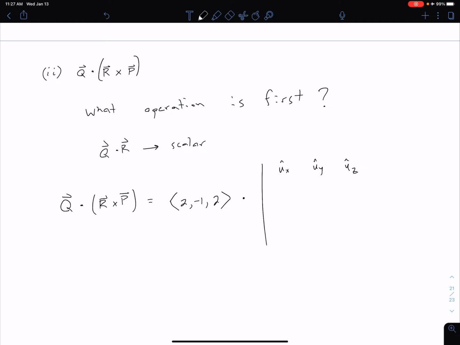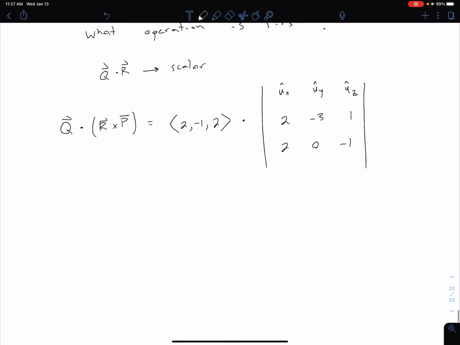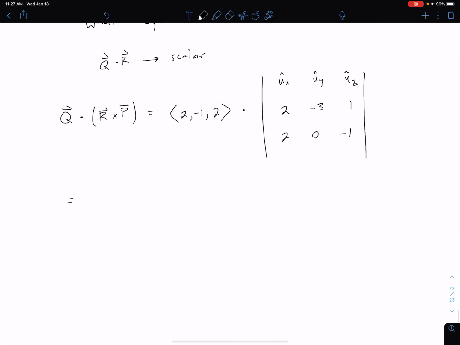And then R is going to be our second row, so that had a 2 for the x component, -3 for the y component, 1 for the z component. And then in our third row, we have our P, which is 2 in x, 0 in y, and -1 in z. All right, so let's go ahead and take that determinant.